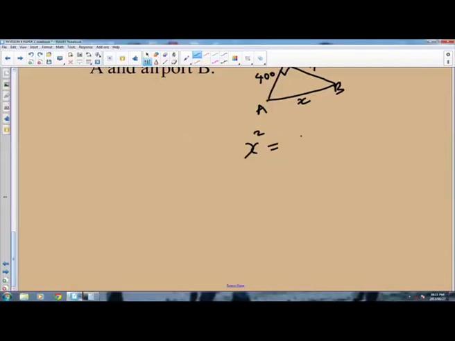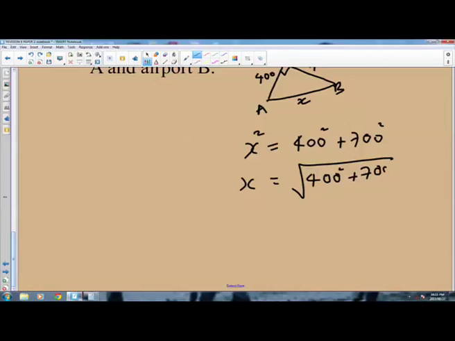The Pythagoras rule says the longest side, if you call this x, then x squared will be equal to 400 squared plus 700 squared, and then x will be equal to the square root of 400 squared plus 700 squared.